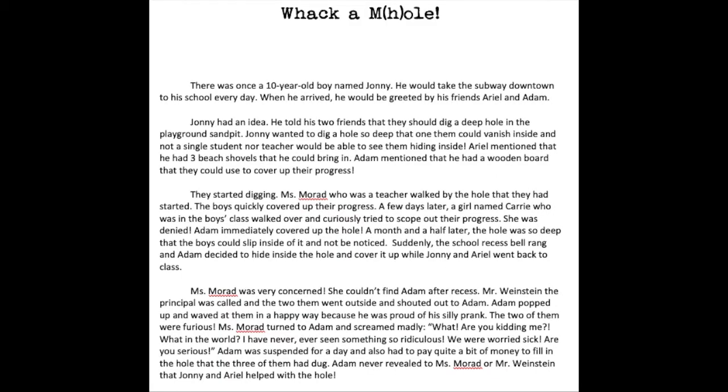I invite you to take a look at a Level 4 strong work sample available for download on my narrative writing website. Take note of the orientation paragraph, the problem paragraph, the series of events paragraph, and the resolution paragraph.